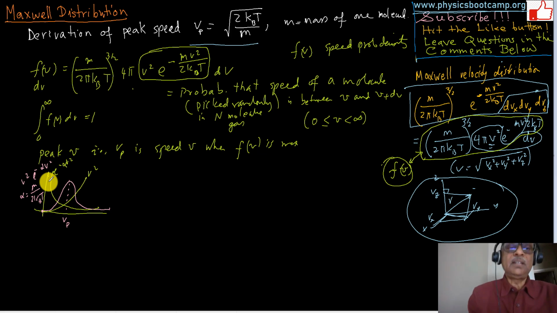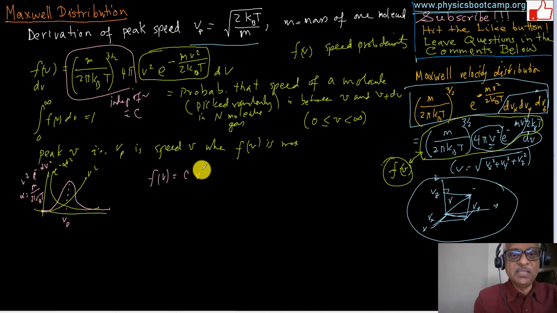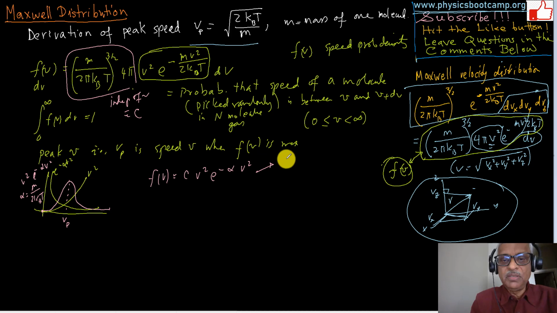You can see this is all independent of v, so let's call it some c. So fv is some c v squared e to the minus alpha v squared, and you want to know what the maximum is. One way you could do it is df/dv equal to 0, and solve for v.